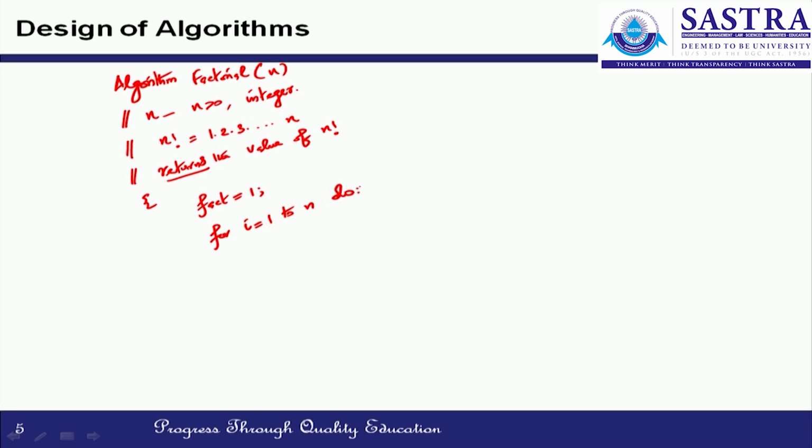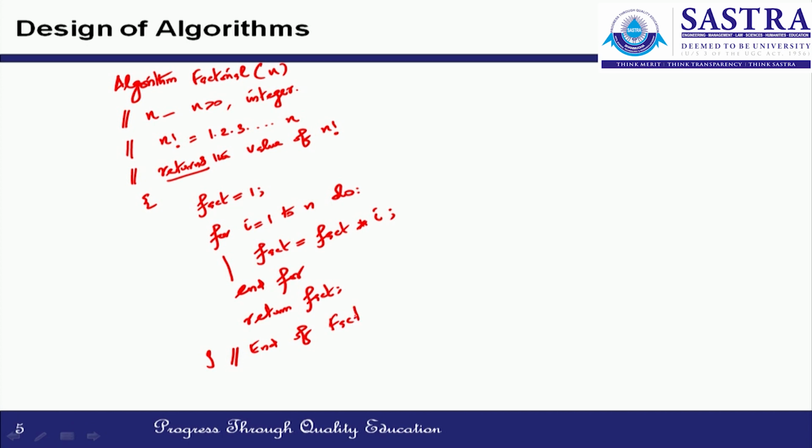Writing the computational statement, fact is equal to fact star I. For ends with end for. Finally, return a value of the computed variable fact, return fact, closing curly brace. This defines end of algorithm factorial.